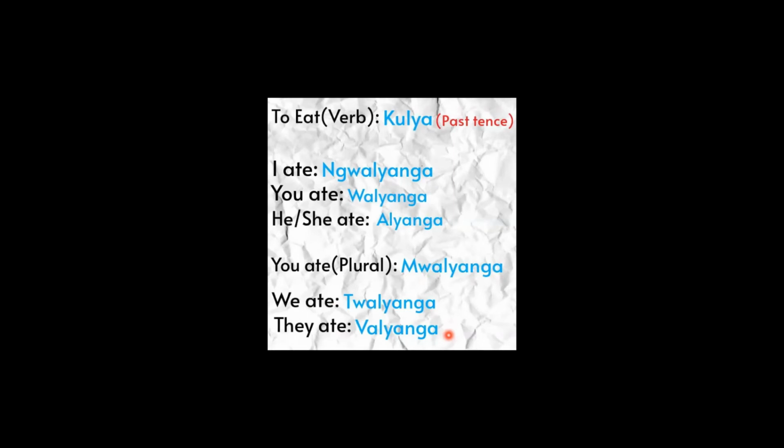But if you want to say I have eaten, ngunali, that's different. Then you ate, walanga, but if you want to say you have eaten, unali. He or she ate, alyanga, but if you want to say he or she has eaten, just say nali.